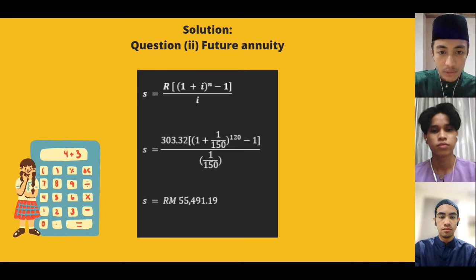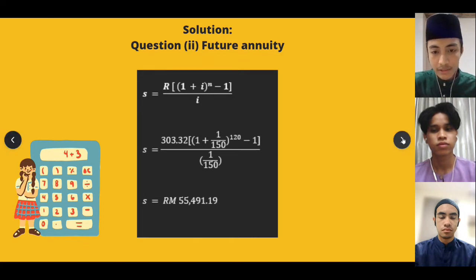So S equals 303.32 [(1 + 1/150)^120 - 1] divided by 1/150. So we press the calculator and we have the answer, which is S equals 55,491 ringgit and 19 cents. Next.